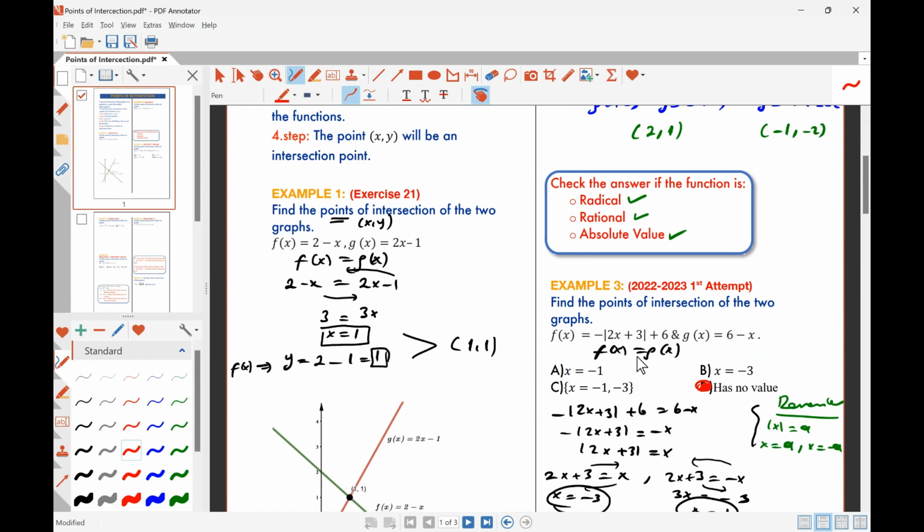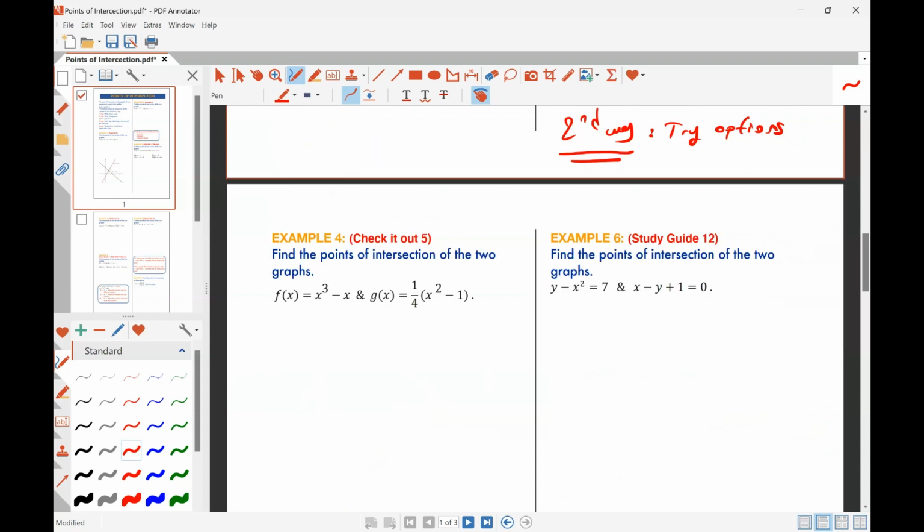Let's write this equation, f equals g, plug in -1 and see if it satisfies this equation. Plug in -3 and see if it satisfies this equation. If they satisfy both, C would be the answer. If one of them satisfied, A or B would be the answer. None of them satisfies, so D is the answer. So without solving this in a long way, we can simply try options too.